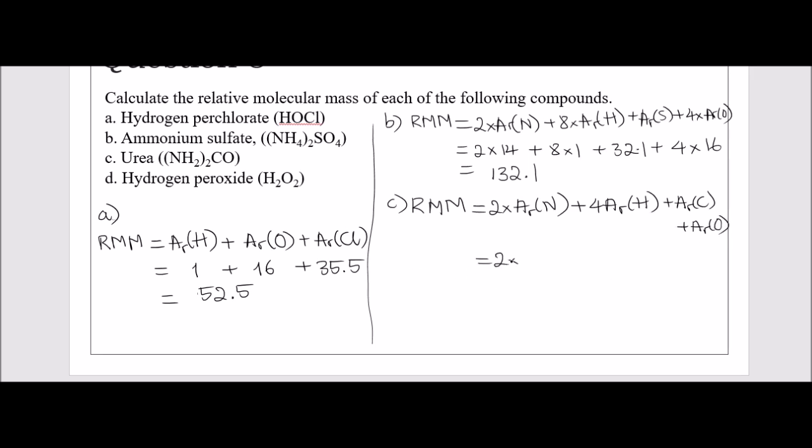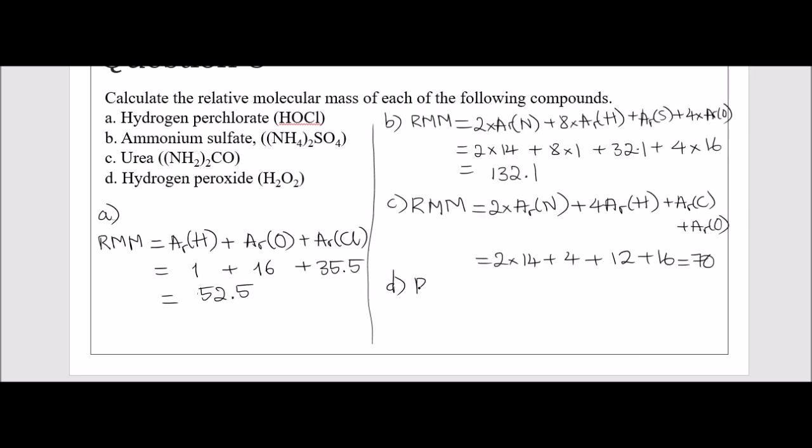So we have 2 times 14 plus 4 plus 12 and 16, which is, what does that look like? 60? No, I'm off by 10, obviously. Not on my game today. 70. Let's write it here because we've run out of room already. This is why we use a calculator, because I was not thinking.